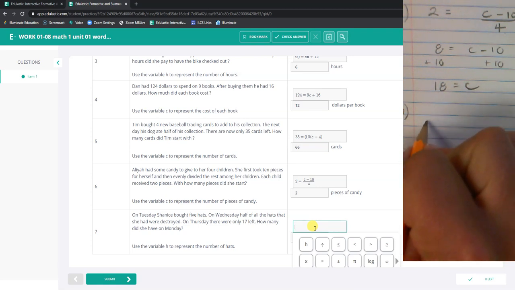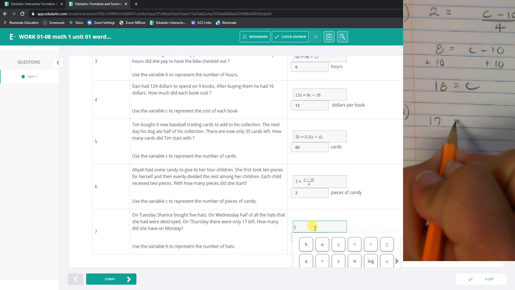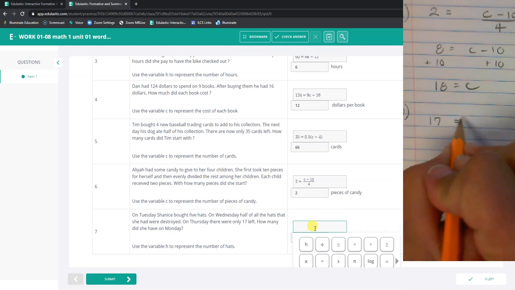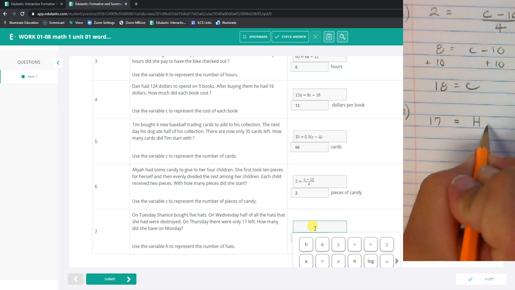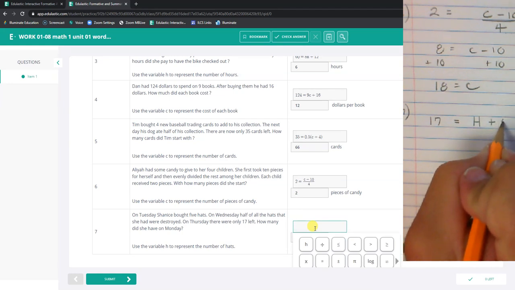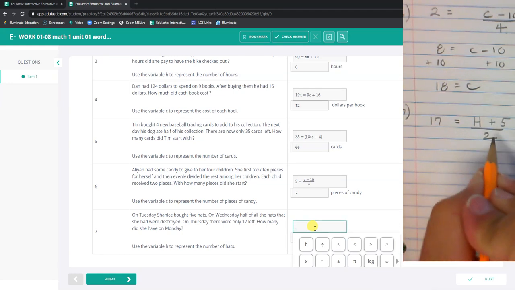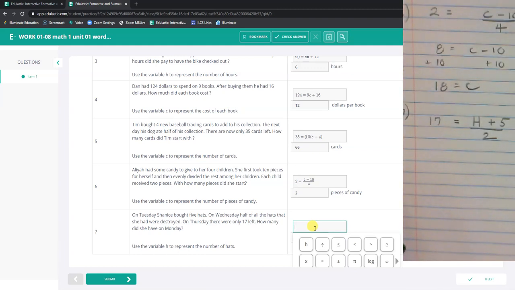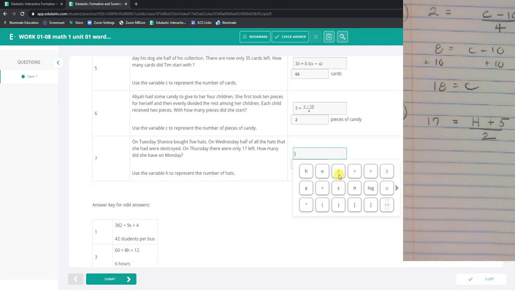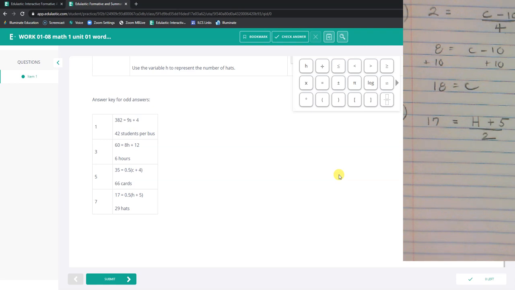Okay, so she has 17 hats equals, she started with H. She buys 5, and then half of them get destroyed. That's really similar to that baseball card one, isn't it? How did I represent it here? Okay, the same way.